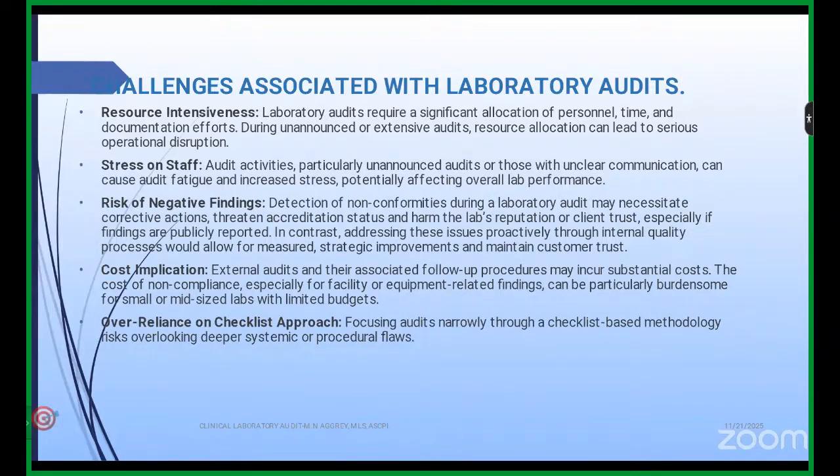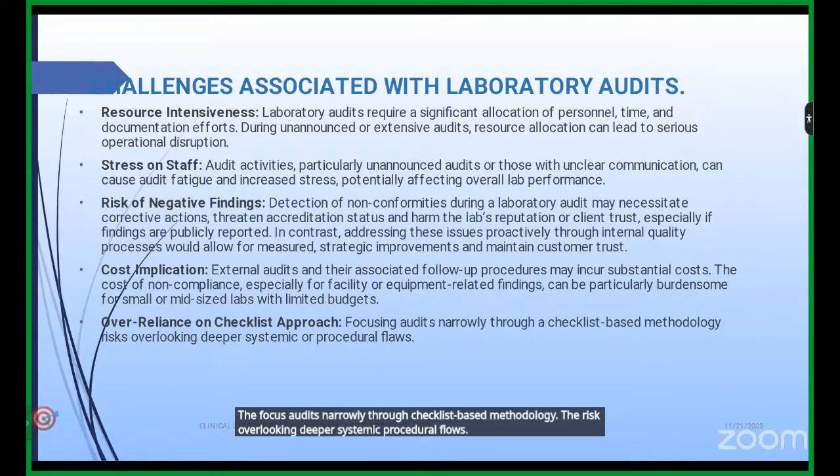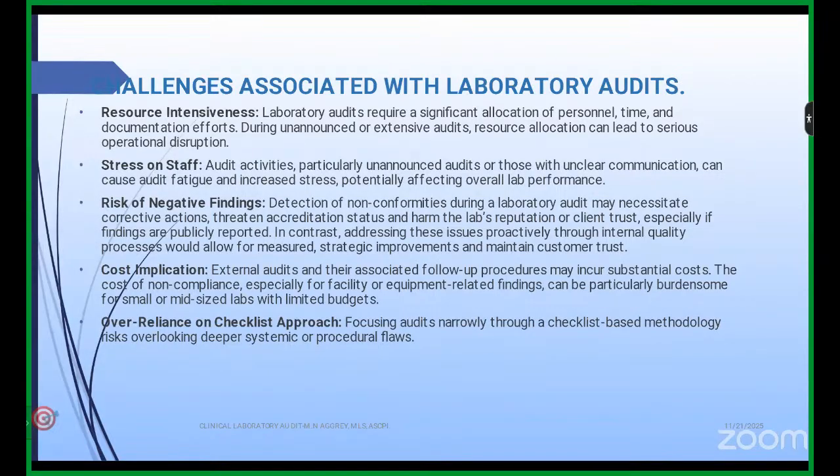There is also this angle in which we can look at this: overall over-reliance on checklist approach. Some organizations or labs may focus and over-rely on checklists. They focus audits narrowly through checklist-based methodology. They risk overlooking deeper systemic procedural flaws. I cite an example of this, that you're preparing for an EQA and you don't want to fail.